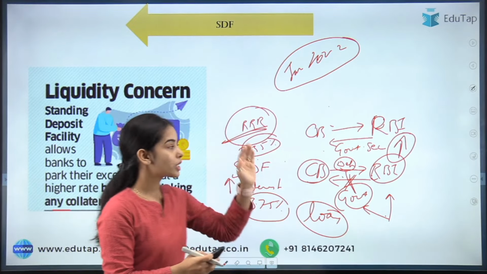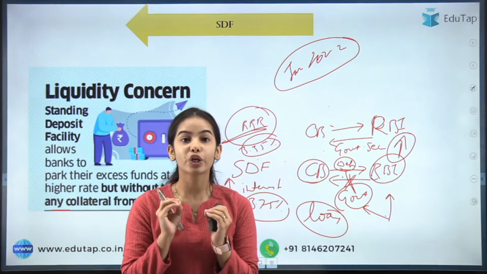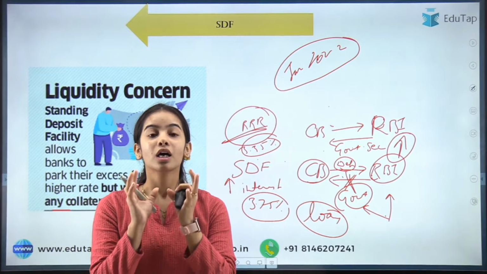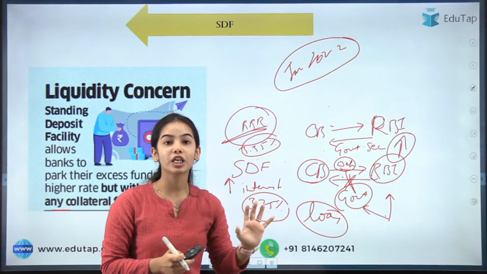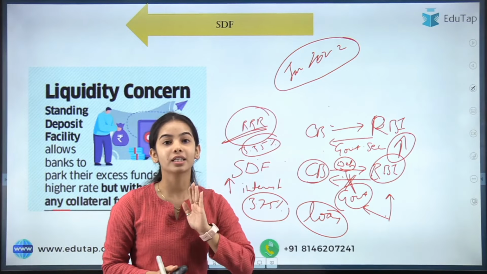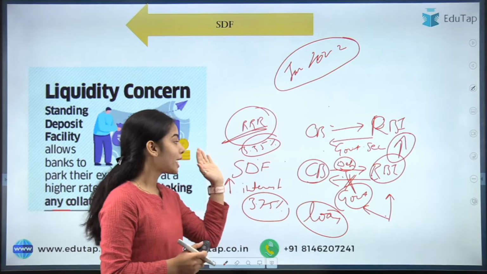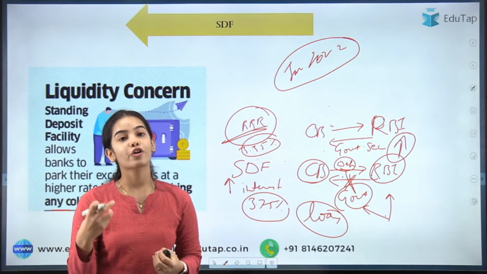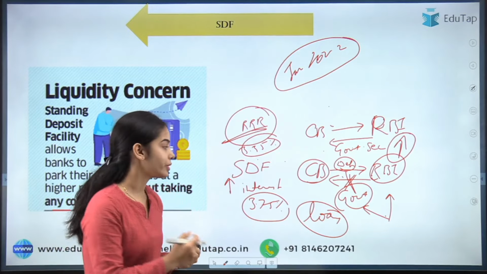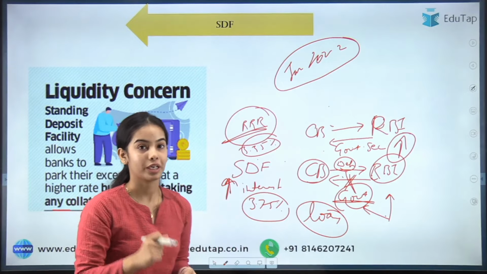The reverse repo rate and the SDF both suck out liquidity by taking deposits from the commercial banks. But the SDF does so without providing government securities. So under the SDF, the RBI can continuously suck out liquidity from the economy, just giving a little higher interest rate.